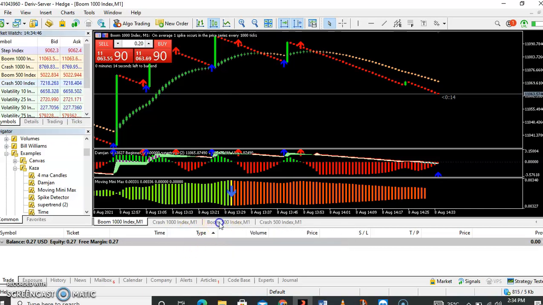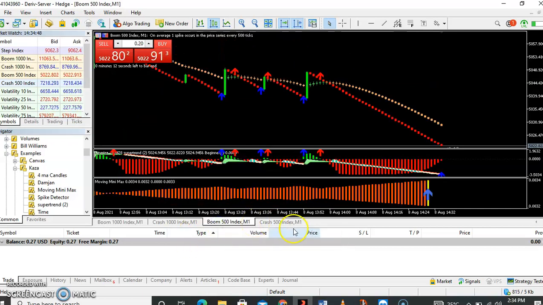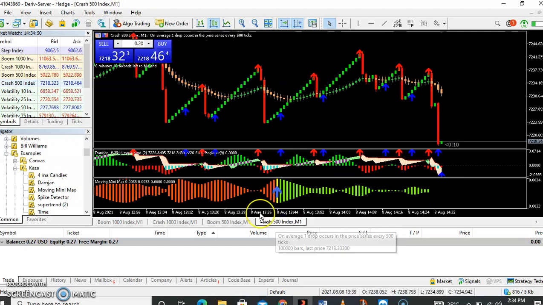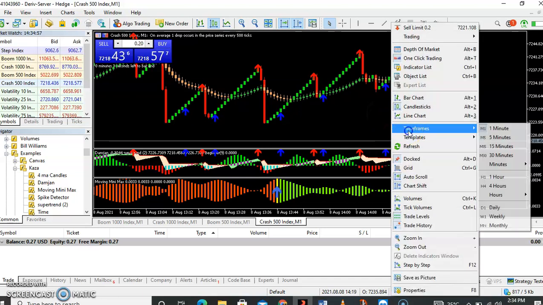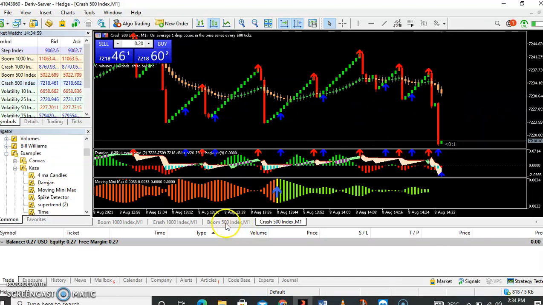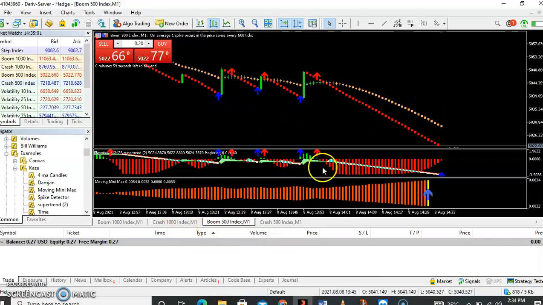But if you're unable to catch those ones, the ones that delay so much, it means that the spike is definitely going to delay. So for boom, we are looking at a blue arrow. Once a blue arrow pops up, once it blinks, it is our signal to enter into the market.